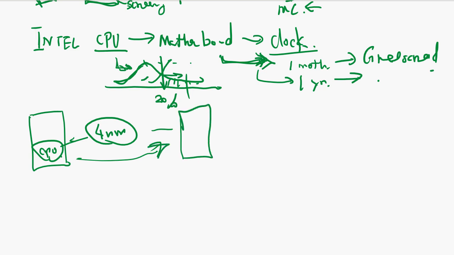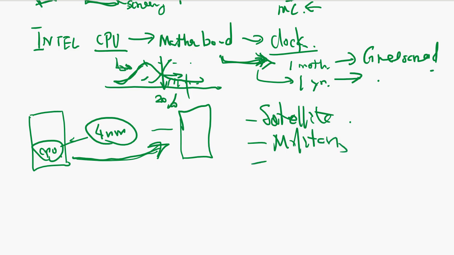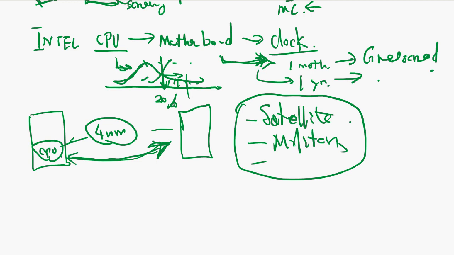But you can't do that for a satellite, and you cannot do that for military. There are certain applications where you have to be very conservative, and you cannot say, hey, new process, it's working great.